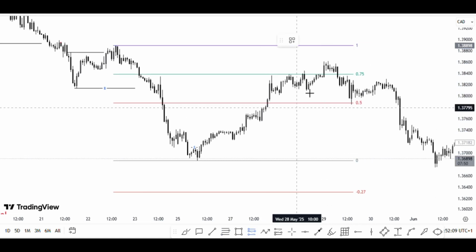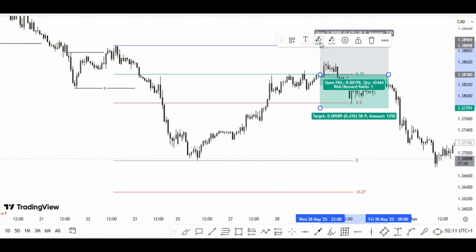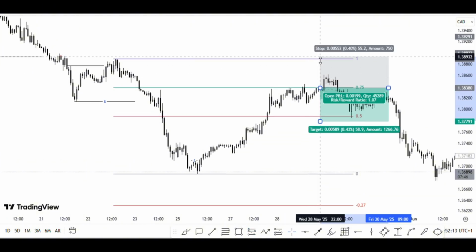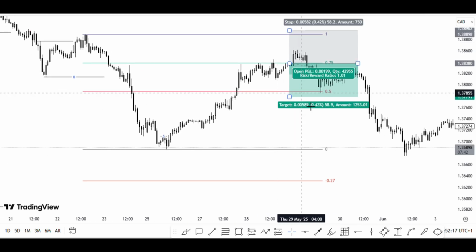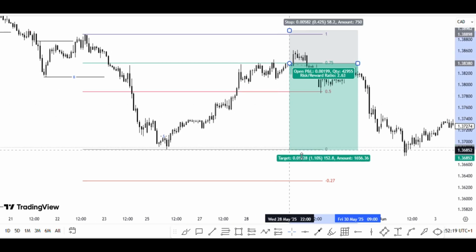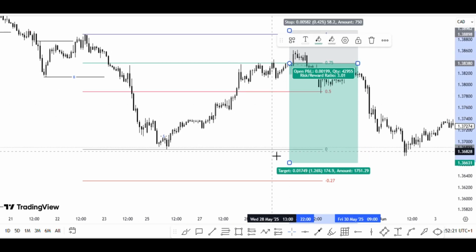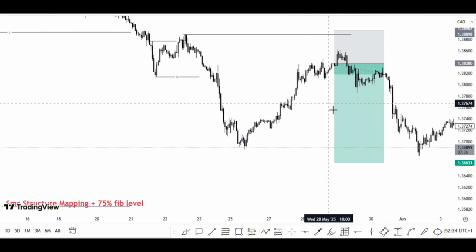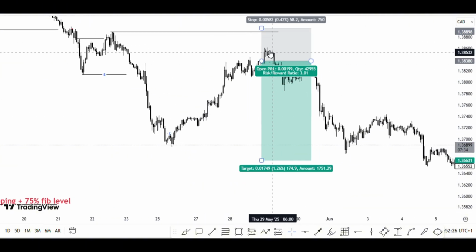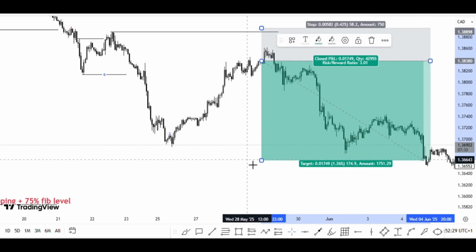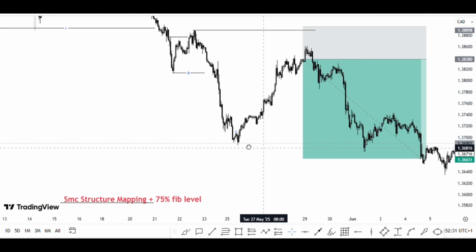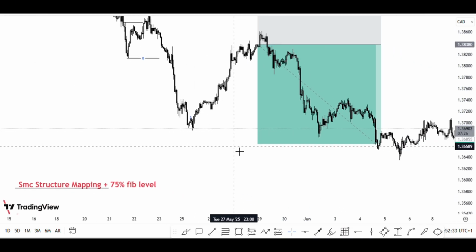As this happens, we take our trade from here, set a limit order, put our stop loss. Sometimes we have to give the market a little space to breathe, then we take 1 to 3. You can see how nicely the market mitigates this level and hits our TP. So that's the process.